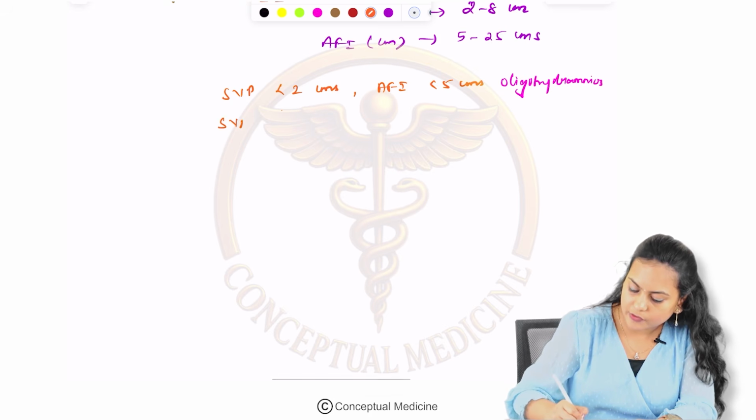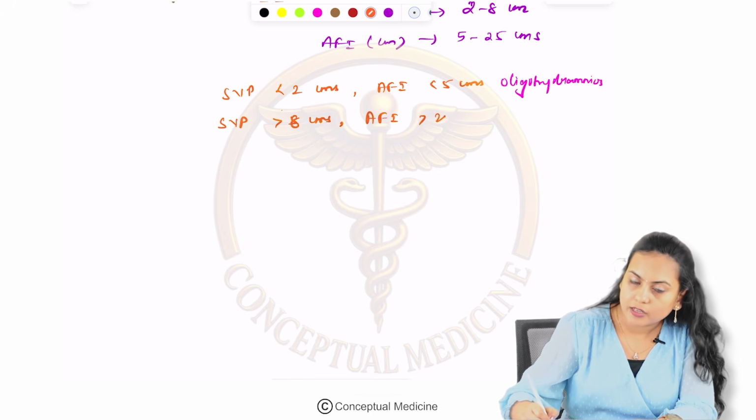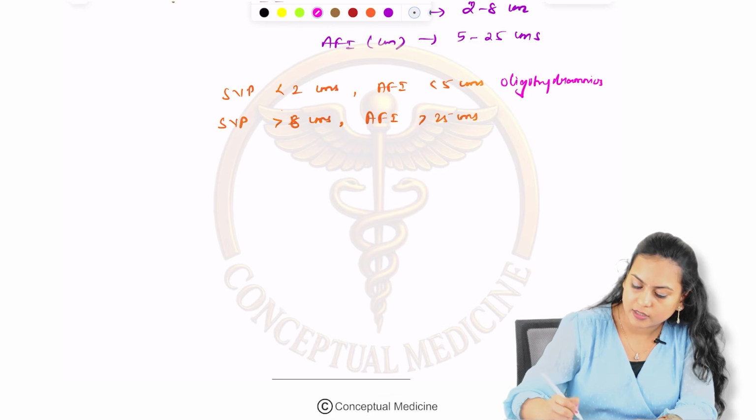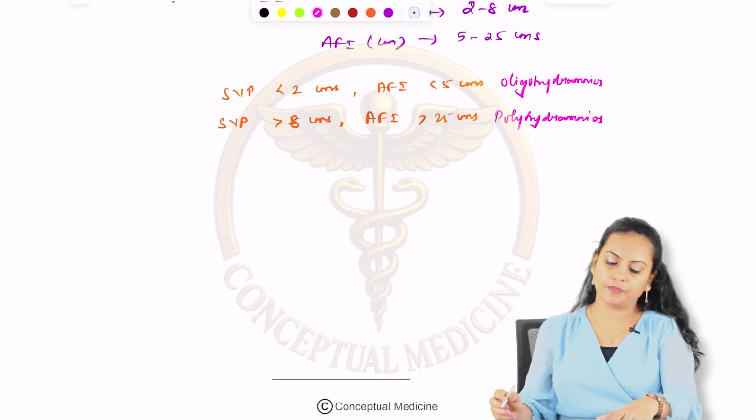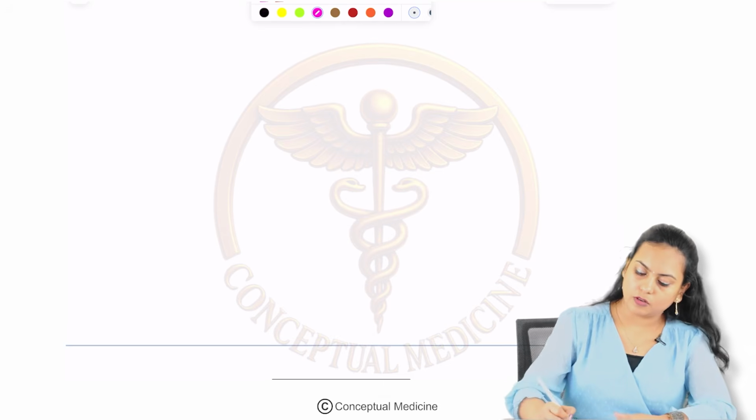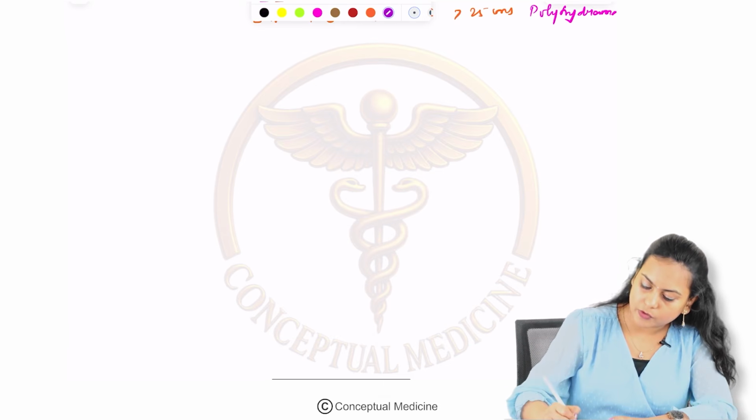Suppose if the SVP is more than 8 centimeters and AFI is more than 25 centimeters, then this condition is known as polyhydramnios. Yes? Now, we'll see about oligohydramnios.